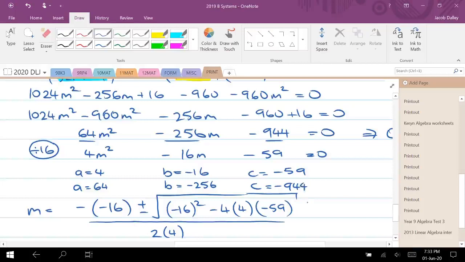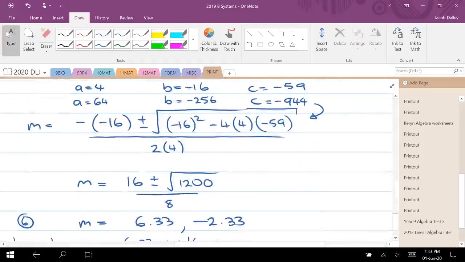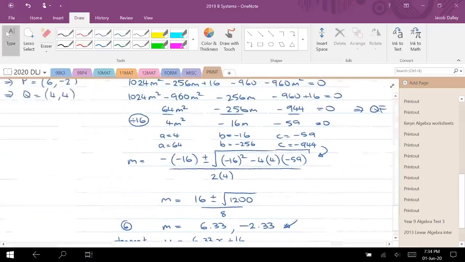And if you put those into the quadratic formula here in the same places, work it through exactly the same, you will still spit out those same m values. Okay, alright, so that's the end of the test, so I'll leave it there.